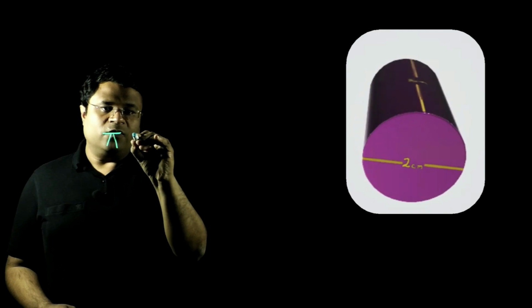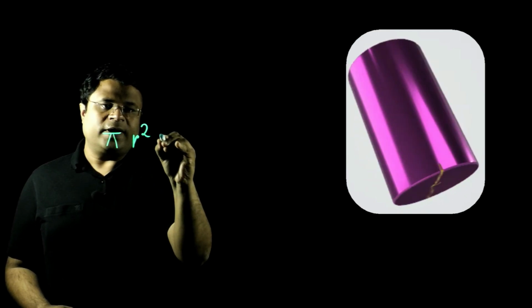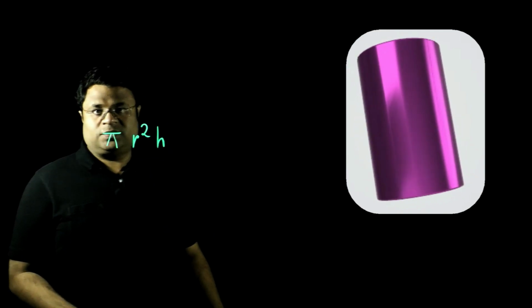The height of the cylinder is 16 centimeters and the base diameter is 2 centimeters. We are recasting the cylinder. So first we'll write the volume of the cylinder. Volume of the cylinder is given by pi r square into h.